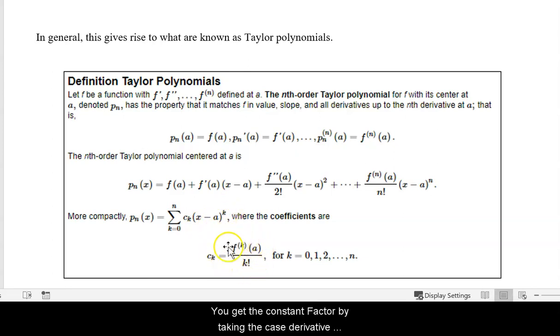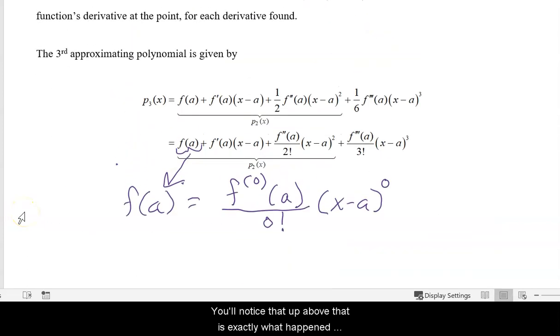You get the constant factor by taking the kth derivative of the function, plugging in the center a, and then dividing by k factorial. You'll notice that up above, that is exactly what happened when we wrote out the terms for the first 3 approximating polynomials.